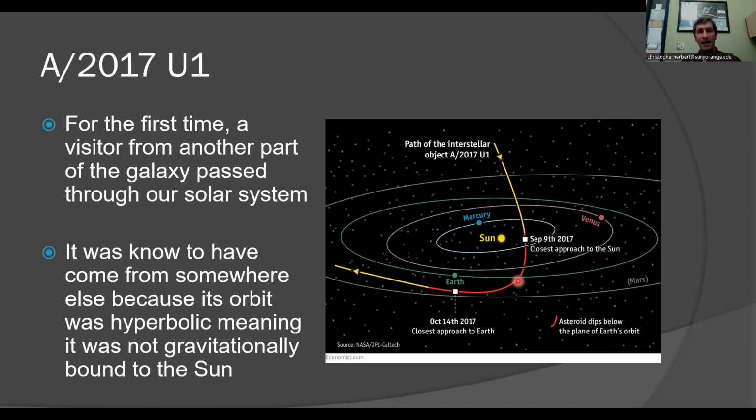So these bodies basically wander through the galaxy. They're not attached to any star system. And this particular one, 2017 U1, was the first body discovered to have originated not from our solar system, but from someplace else.